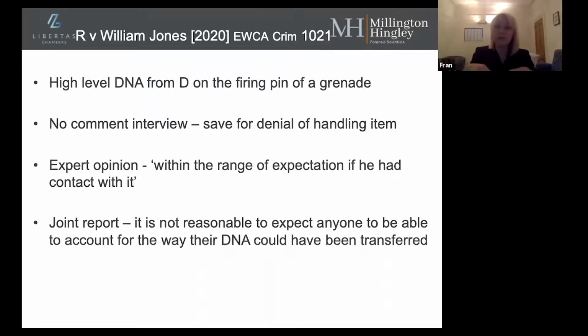There was expert evidence called by the Crown, and there was a set of agreed facts between the prosecution expert and the defence expert. The agreed expert position in Mr. Jones's case was that the evidence was within the range of expectation that the defendant had had contact with the pin or the grenade, which might sound quite forceful on the face of it.